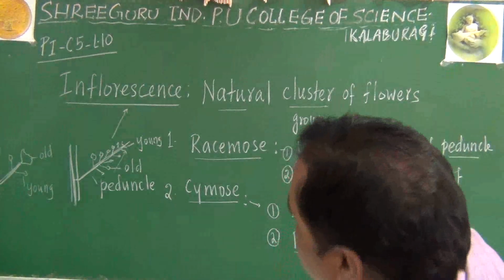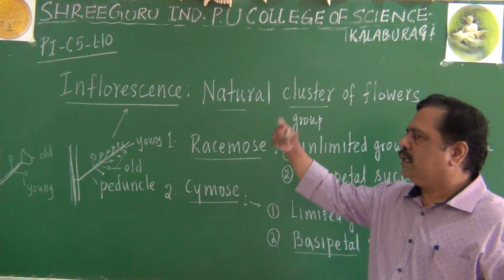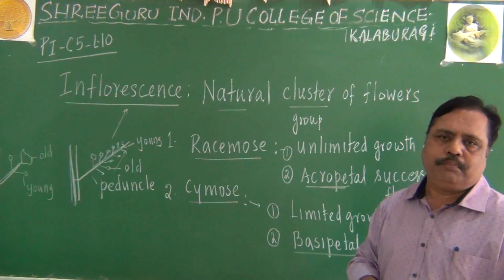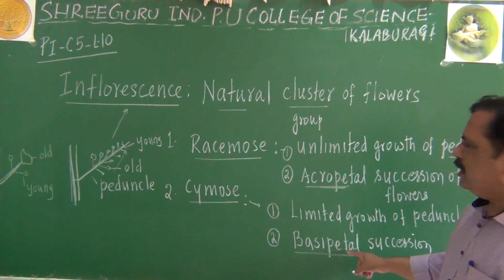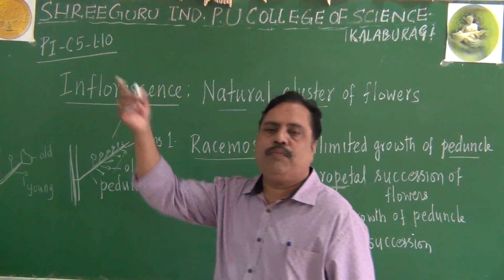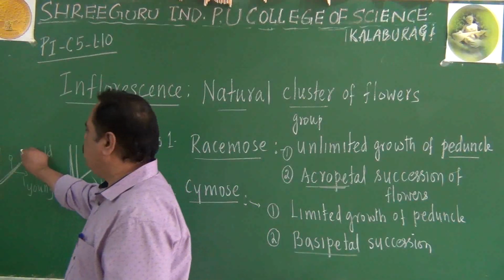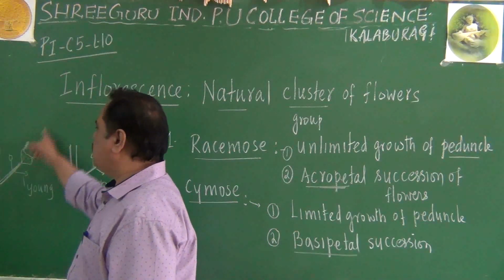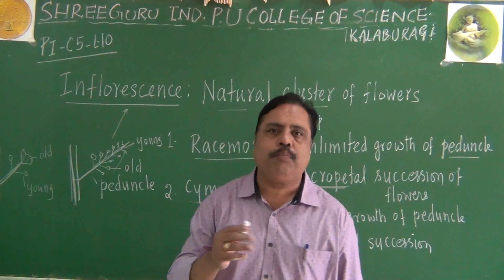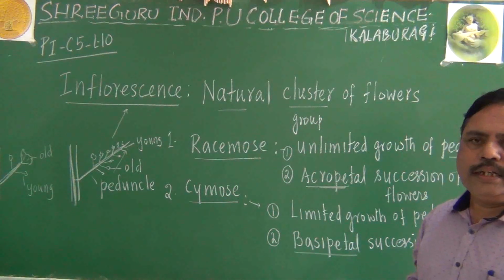In acropetal succession, older flowers are towards the base, younger flowers towards the tip. In basipetal succession, young flowers are towards the base, old flowers at the tip. Exactly at the tip, the old flower will be present, so further growth of the peduncle is not possible. That is why it is called limited growth.